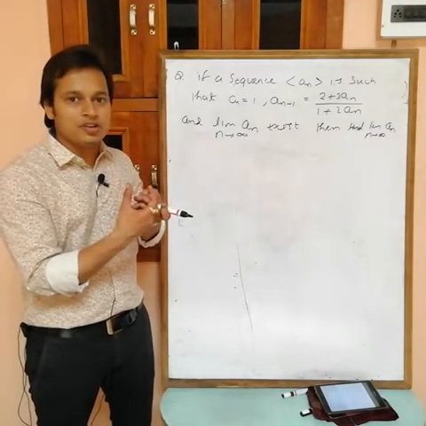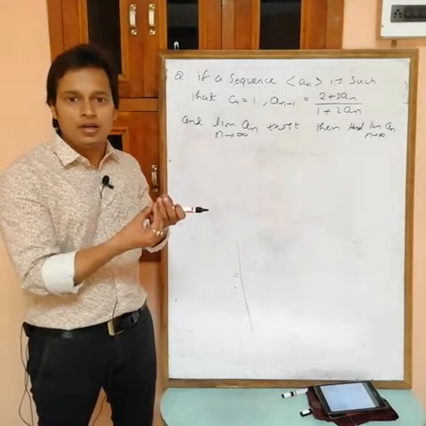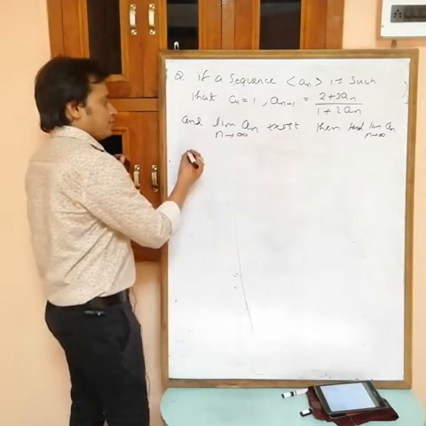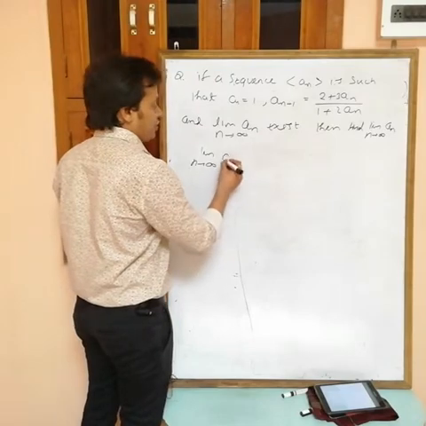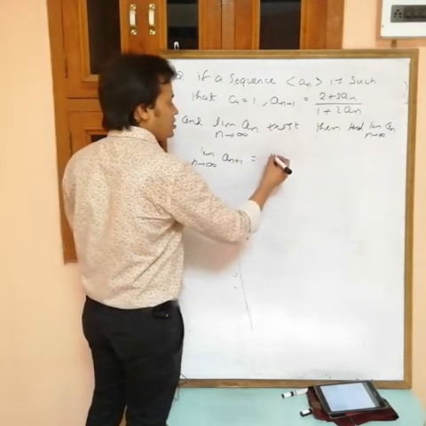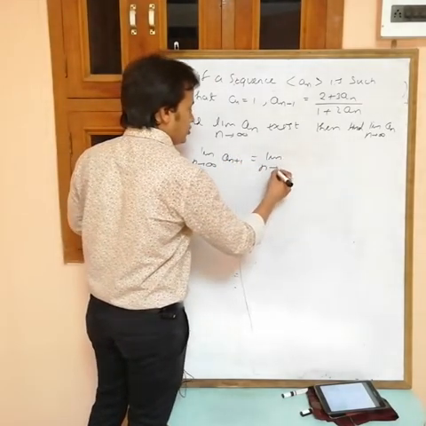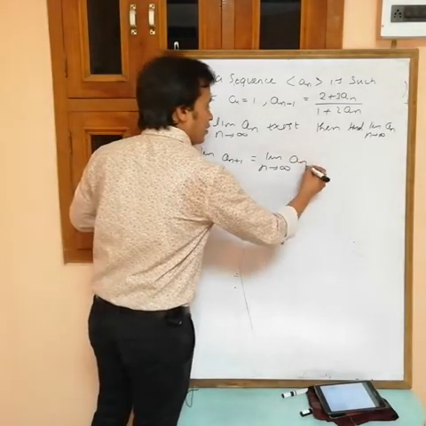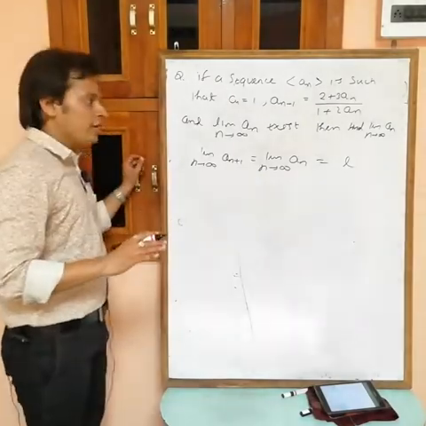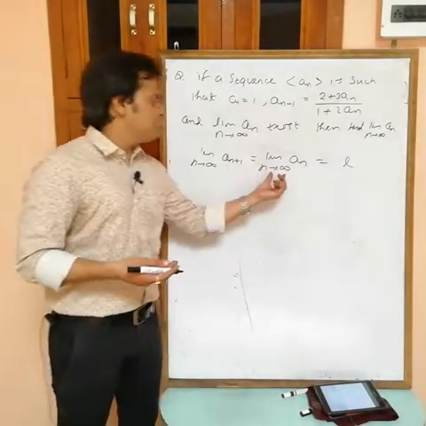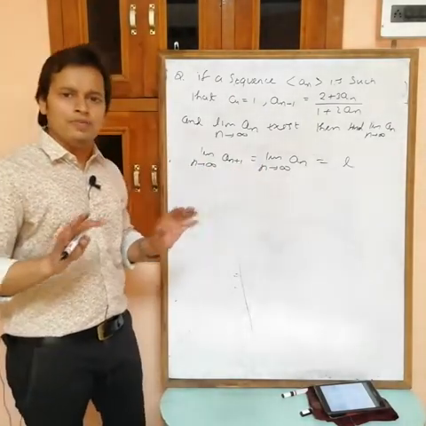What difference will you get? A minor, negligible difference. So here limit n tending to infinity a_(n+1) is equals to limit n tending to infinity a_n, and suppose both are equal to L. I want the value of L. You want the value of this one or this one, it doesn't matter, both are equal to L, minor difference.